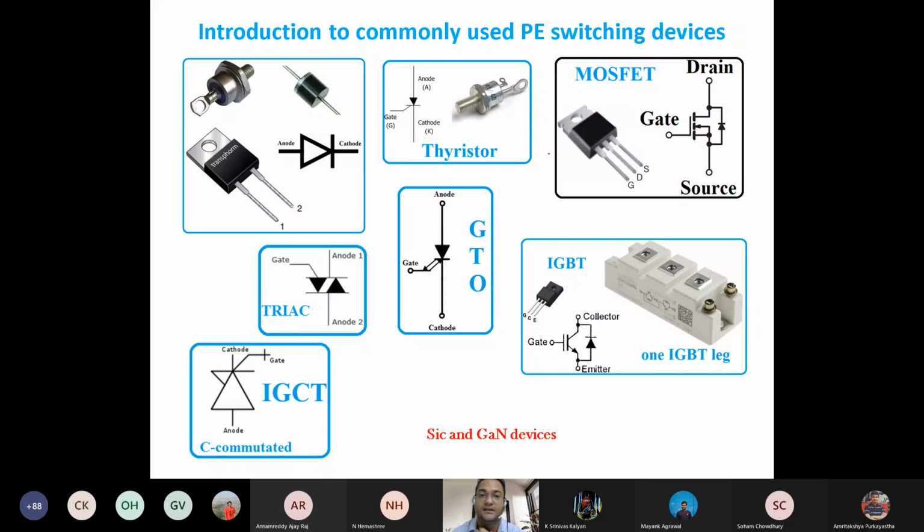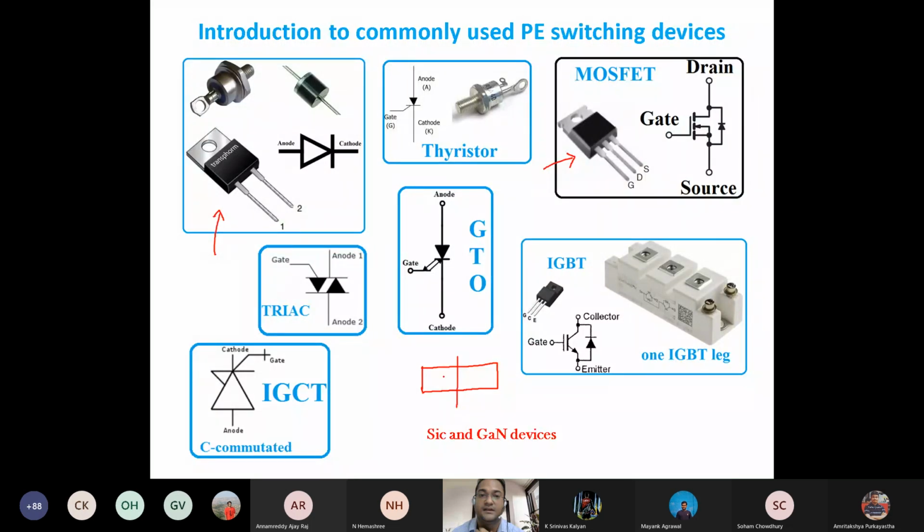Just I would like to highlight one point to be very clear. You have learned the diode in your signal level circuits, right? Maybe in first and second year. So what was the main part of a diode? If I want to see the construction, it has two parts, right? What are they? Do you remember a diode? What is it consisting of?